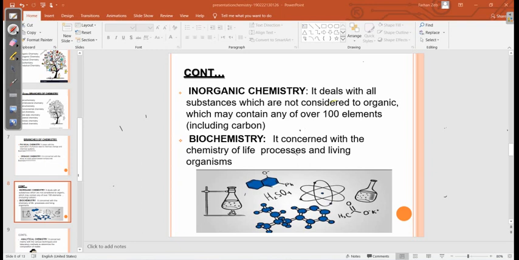It deals with substances which are not considered organic, which may contain any of our 100 elements including carbon. I already cleared it that it may be nitrogen, oxygen, sulfur, phosphorus, and many other elements. You can also look at them in a periodic table.